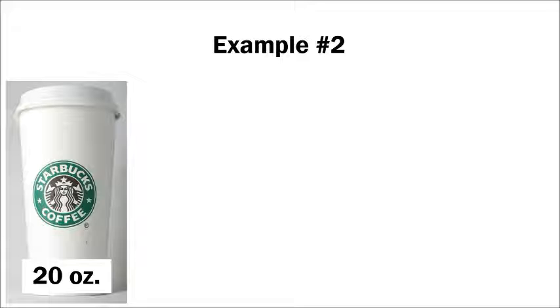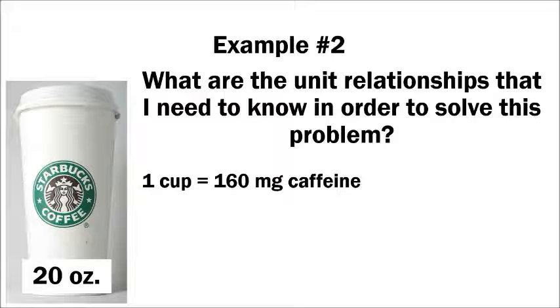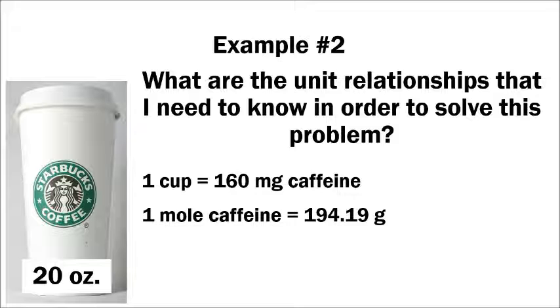We have a 20-ounce cup of coffee, and let's take a look at the facts. What are the relationships between units that I would need to know to solve this problem? Well, as I mentioned, there's 160 milligrams of caffeine in 1 cup. You would also need to know that 1 mole of caffeine is equal to 194.19 grams. That's just a fact of chemistry.